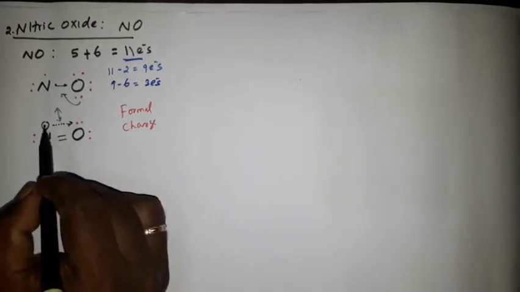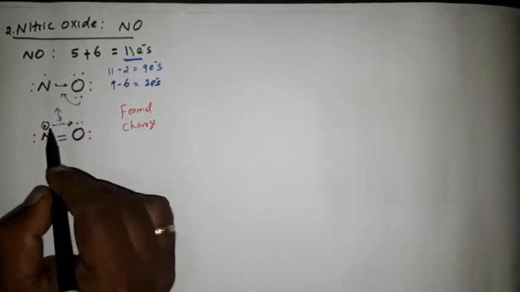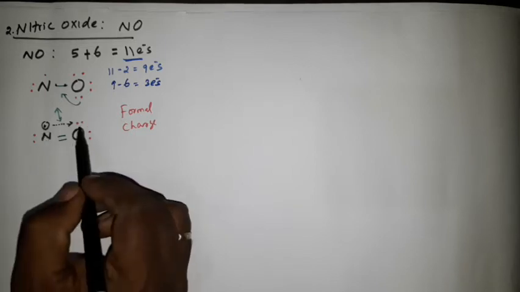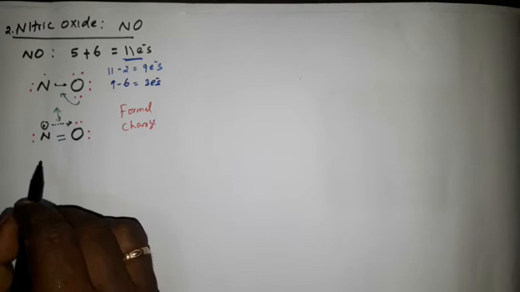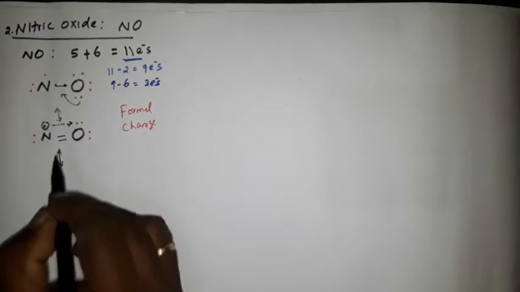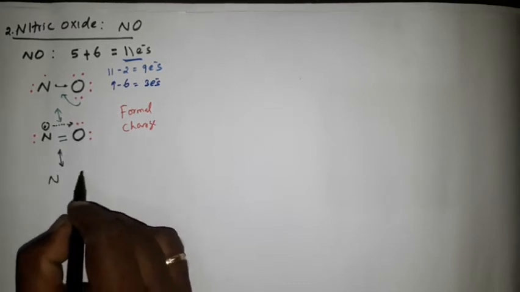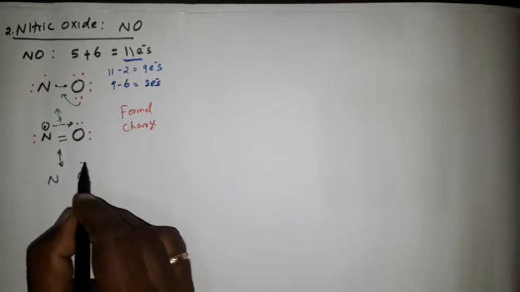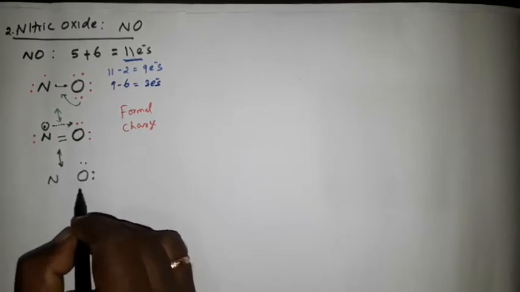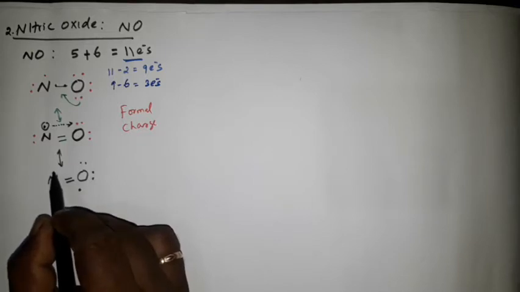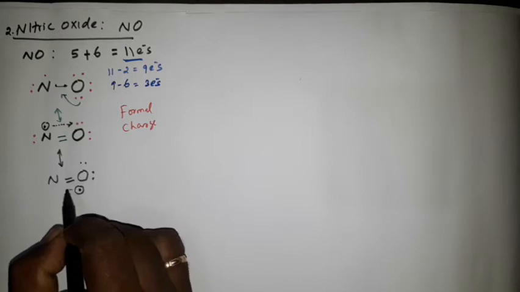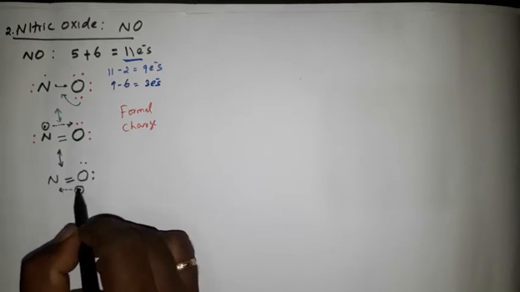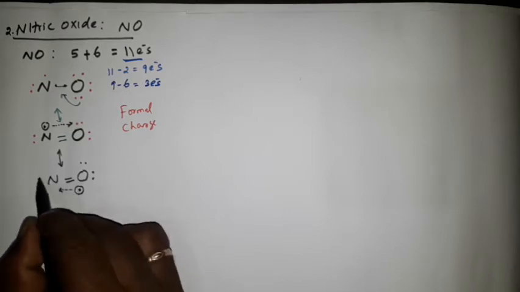This nitrogen can donate this one electron to the oxygen atom. Also, what will happen? See here, nitrogen, oxygen. Here this oxygen can contain an extra electron due to the transfer of one electron to the oxygen atom. This is the excess electron. Also this oxygen can donate this excess electron to the nitrogen atom.